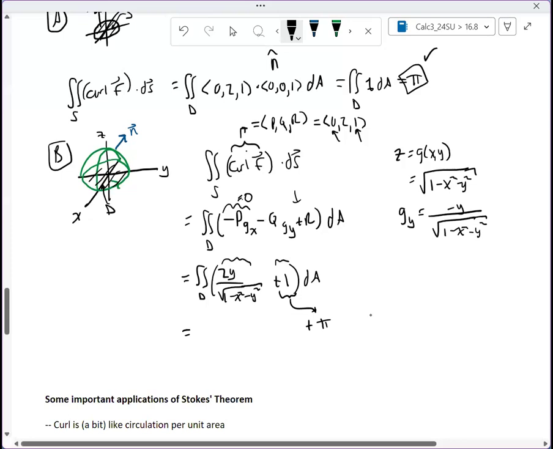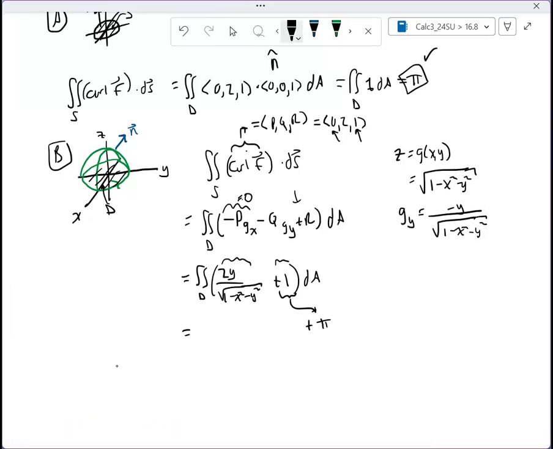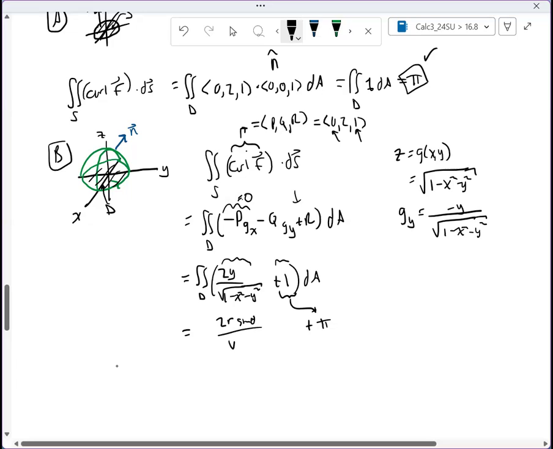And then I have this double integral of 2y over root 1 minus x squared minus y squared. I guess what I could do here is use maybe polar coordinates. I can make this 2r sine theta over root 1 minus r squared dr d theta.